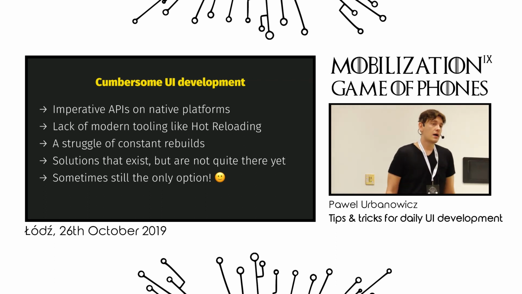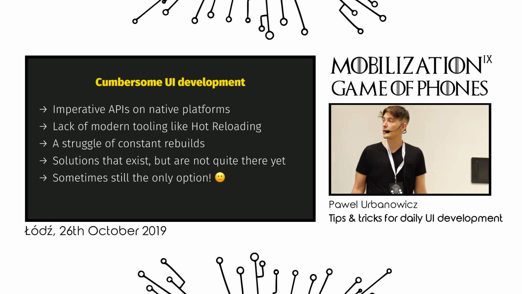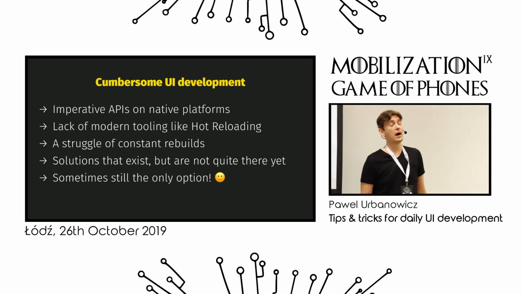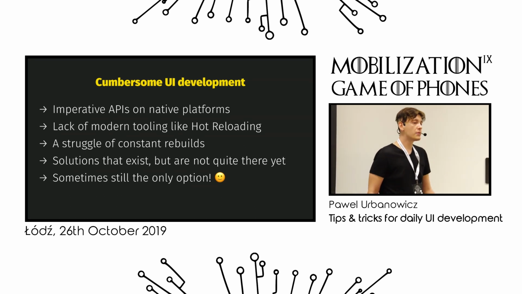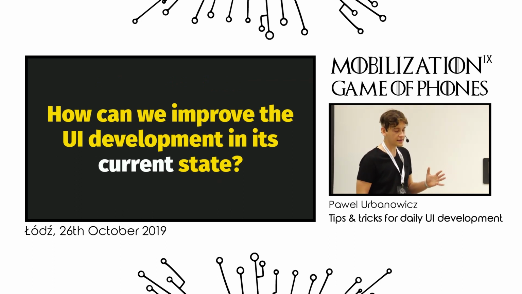So yeah, some of us are stuck with UIKit, some of us are still stuck with Swift. We have to maintain our apps. We have to assure that we're backwards compatible. So the question for us is, how can we improve UI development at its current state?